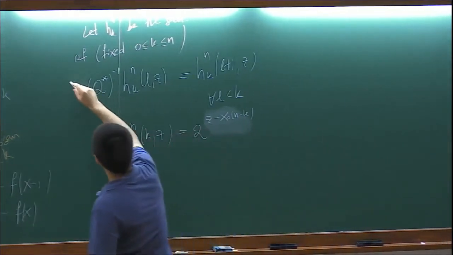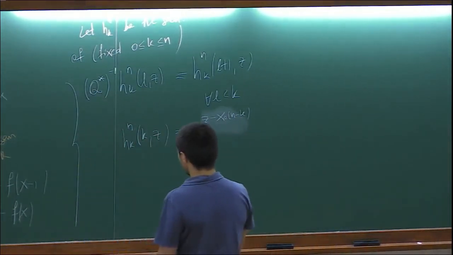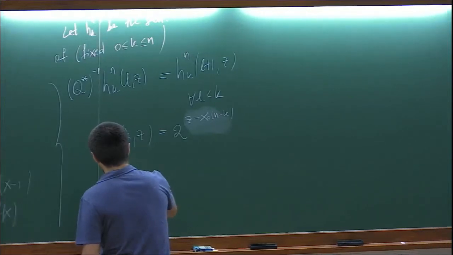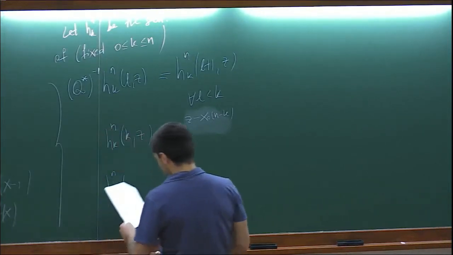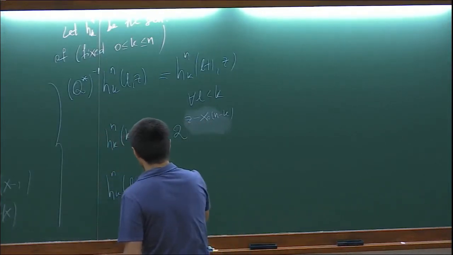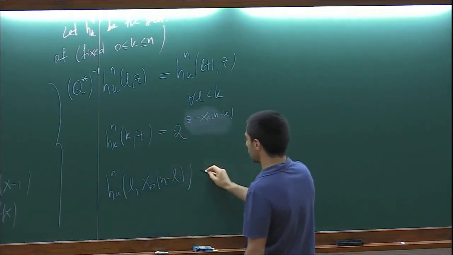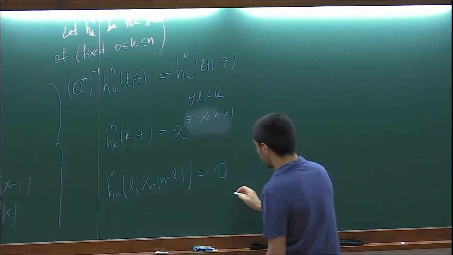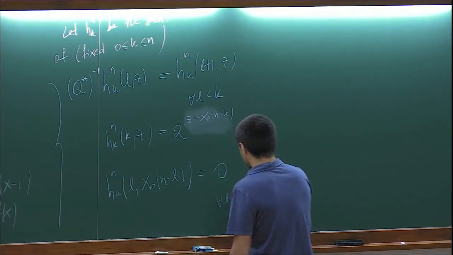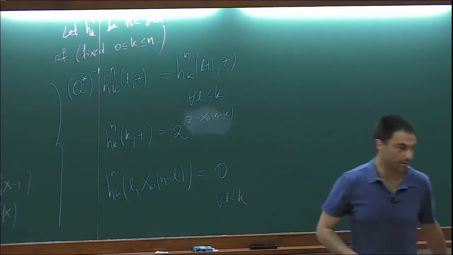And finally, I have to put the boundary condition, and the boundary condition is the following: h n k of l at the boundary, which is given by my initial condition, should be 0 for all l less than k.